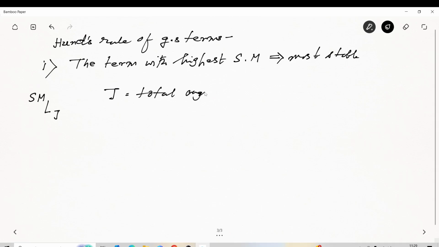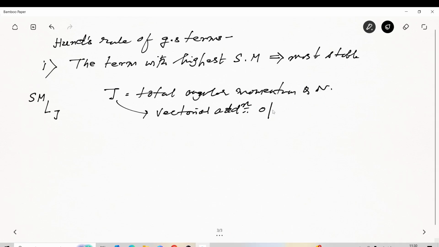How is this J found out? J is found out by vectorial addition of capital L and capital S.